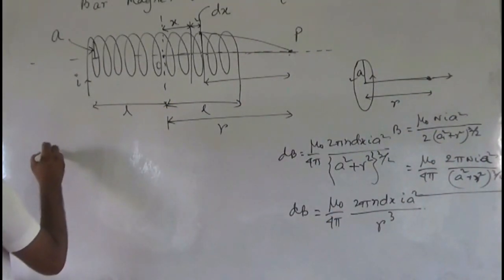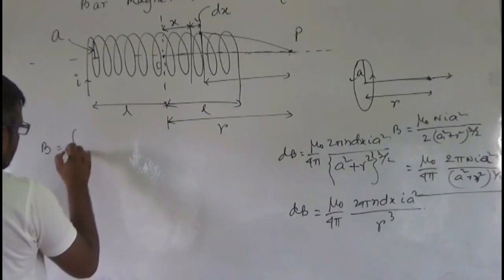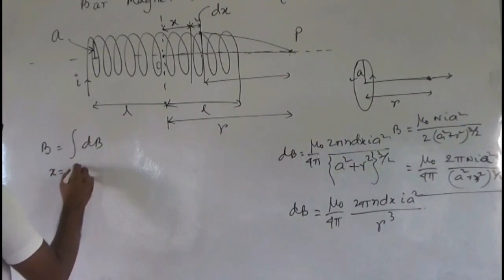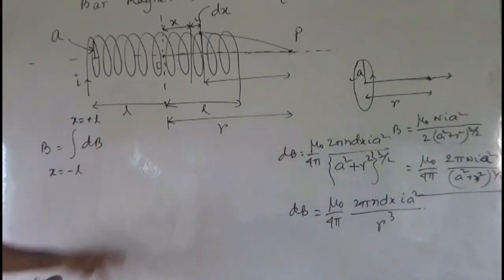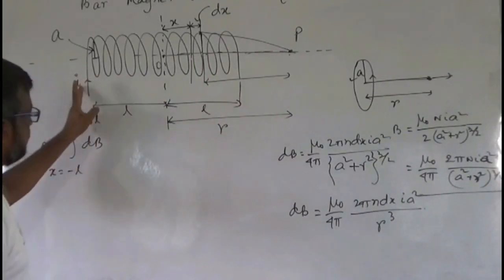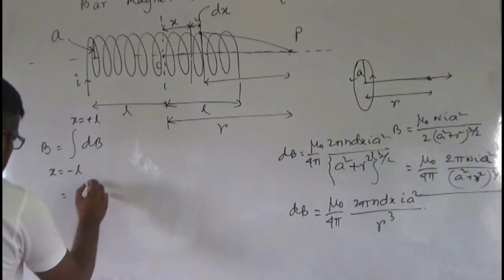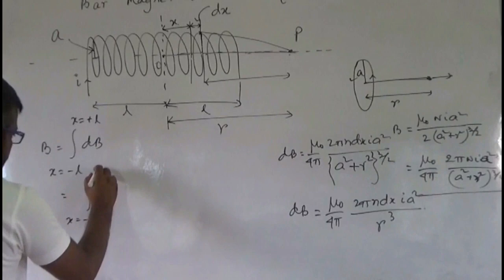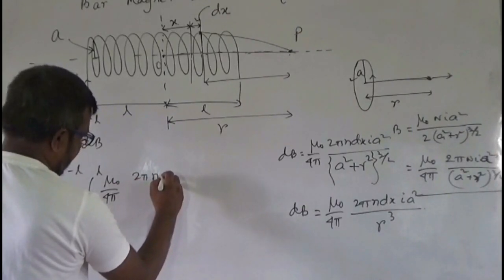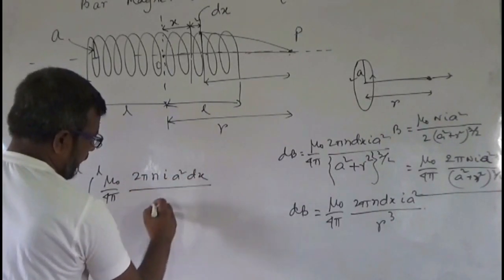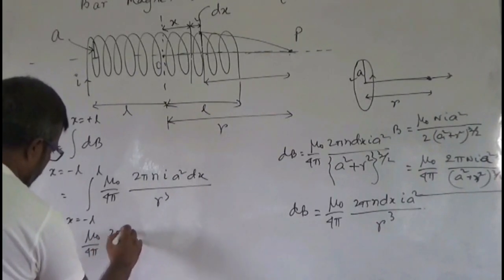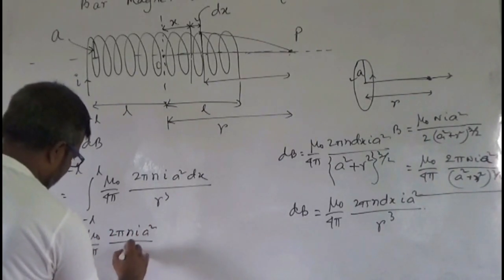The net magnetic field at P will be obtained by integrating dB, and the integration limit will be x equal to minus L to x equal to plus L. Now see here, at this point x is plus L, and at this point x is minus L. Therefore, I have to integrate from x equal to minus L to plus L dB, which is mu naught by 4 pi twice pi n I a square dx divided by r cube.